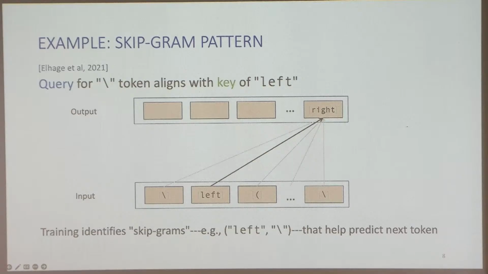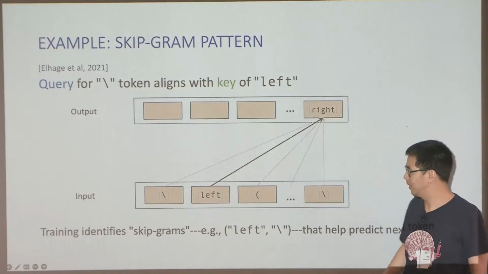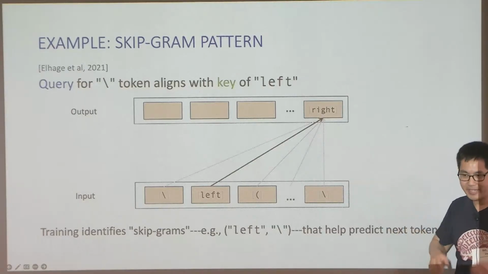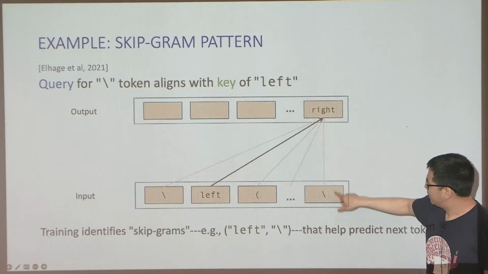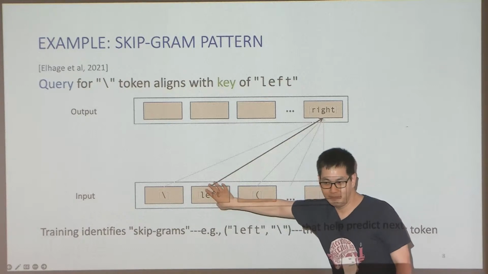Okay, another one will potentially be based on semantics, and this was identified in a mechanistic study of self-attention in transformers, in this blog post by Elhage et al. in 2021. What they identified is that certain tokens will align well with other tokens. In this case, maybe the text is some LaTeX you're writing in math mode, and this is the backslash, and it seems to align well with the key for this left token.